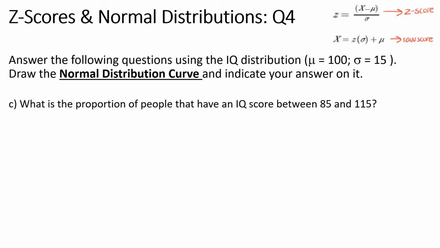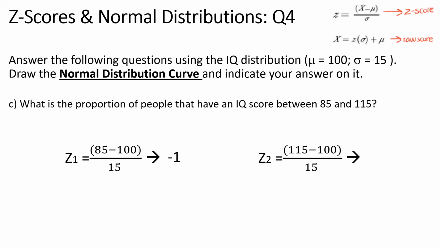This question is a little bit different, but again, kind of the same template. We're given two scores and we're asked what proportion of people fall within those two scores. So again, calculate the z-score for 85. We get -1.